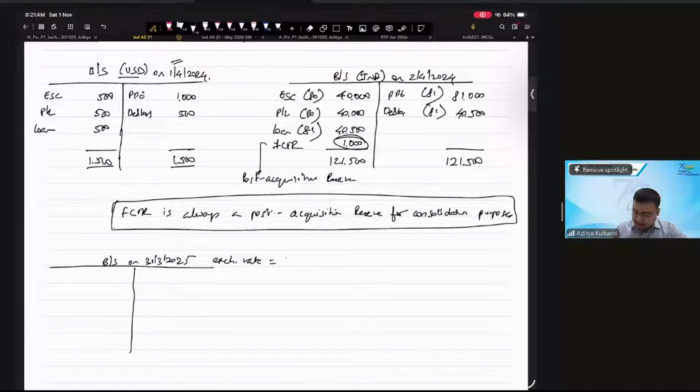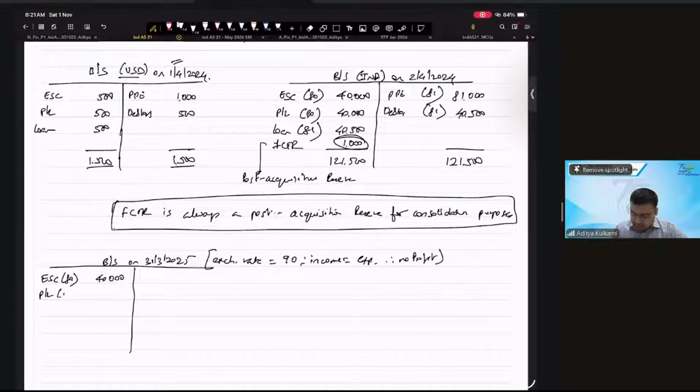Exchange rate equals 90. Income equals expenses, therefore no profit. Nothing is added to reserves because whatever you have earned, you have spent. That means your equity share capital I will convert at 80. So 80 into 500, 40,000.